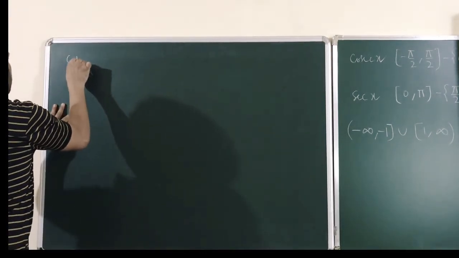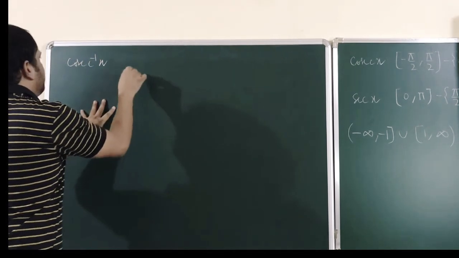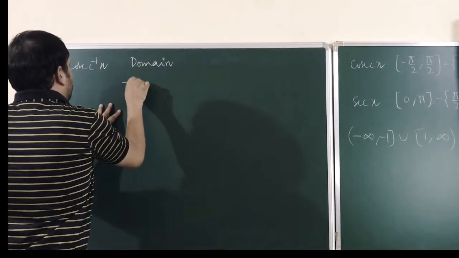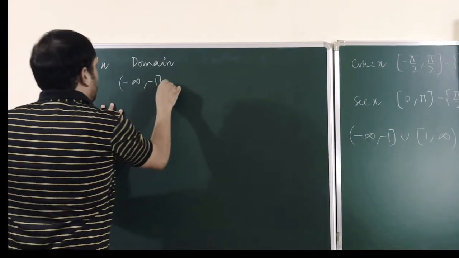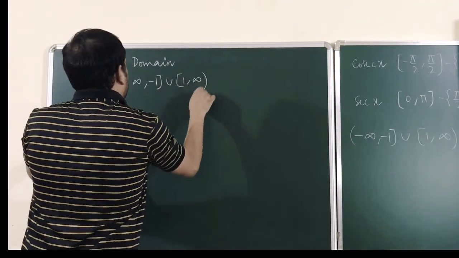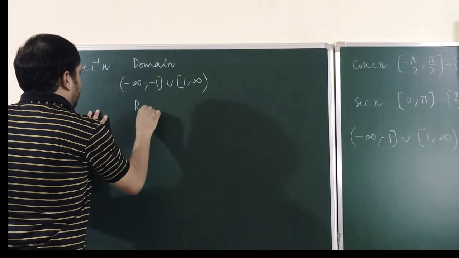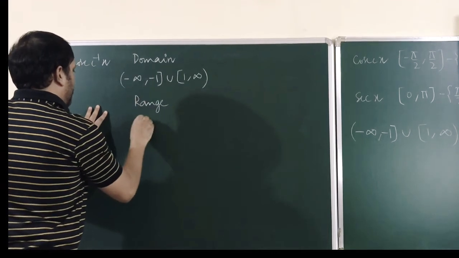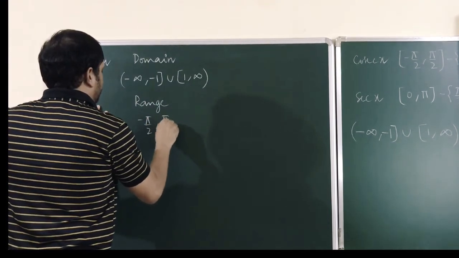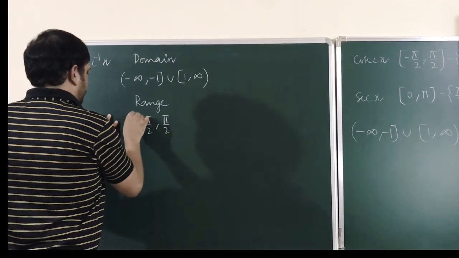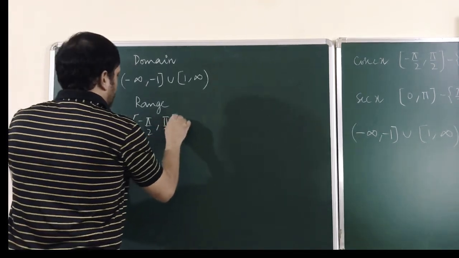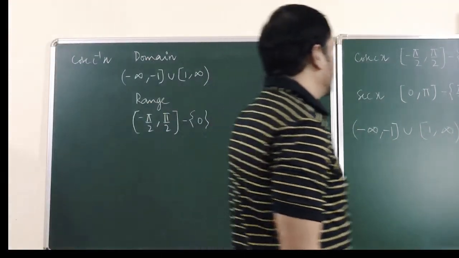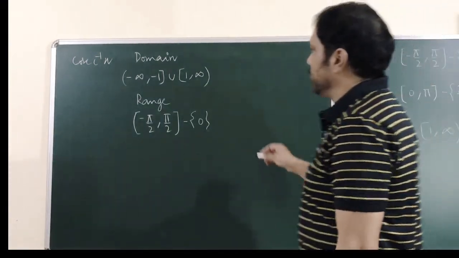So for cosec inverse of x, the domain is minus infinity to minus 1 union 1 to infinity, and the range is minus pi by 2 to plus pi by 2, closed interval, minus 0. This is the input of the principal domain for the cosecant x, that's why it has become the range over here.